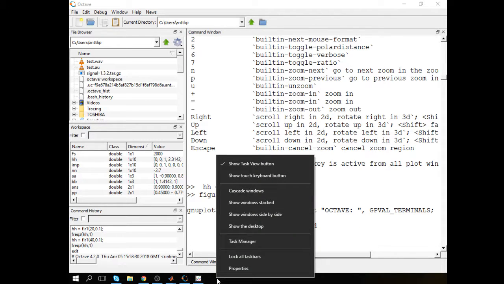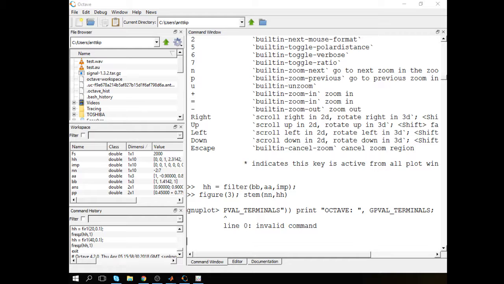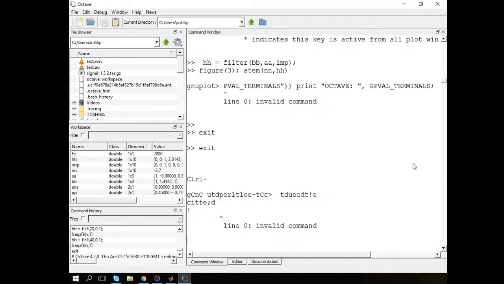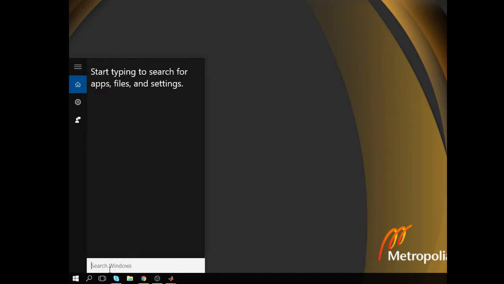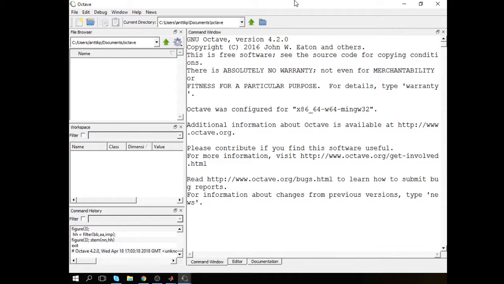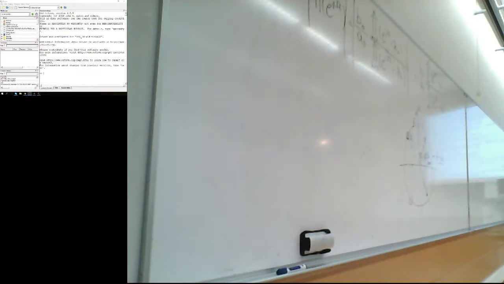I think I need a task manager. Where's the task manager? Close window. Close window. There. I'll just restart the Octave here. Meanwhile, some explanations.